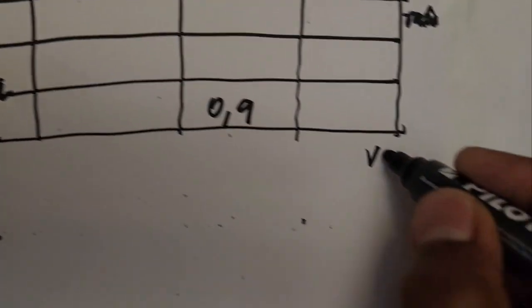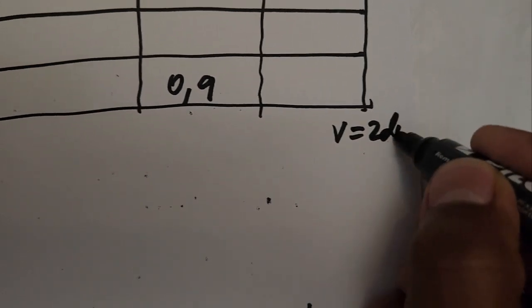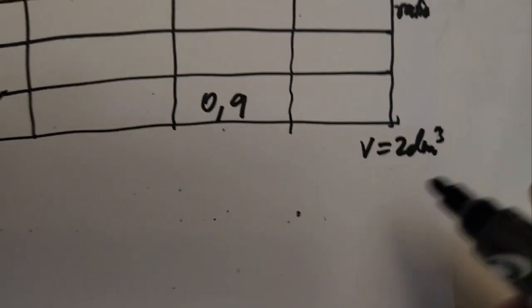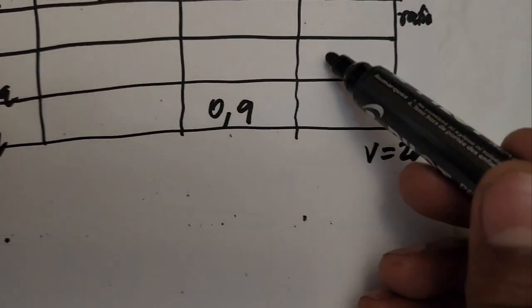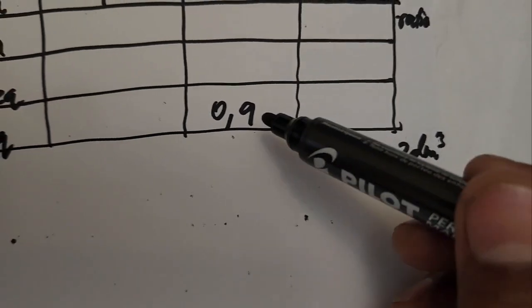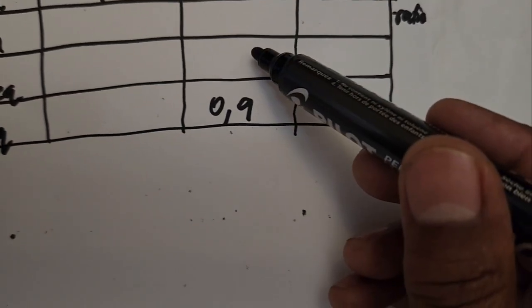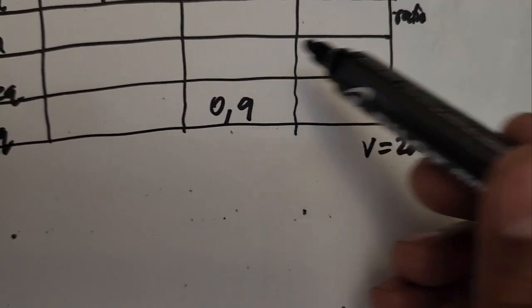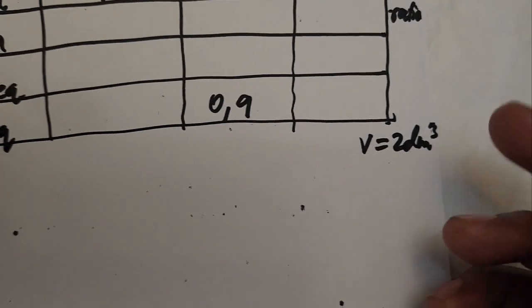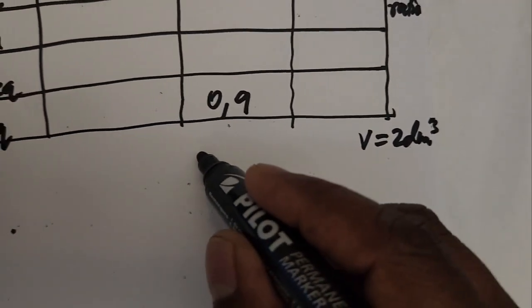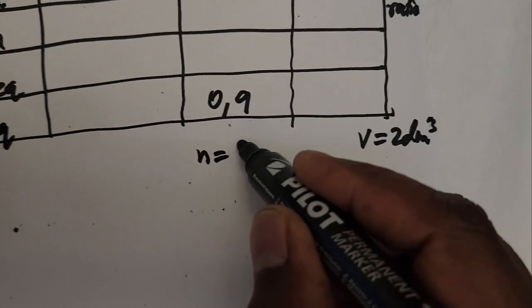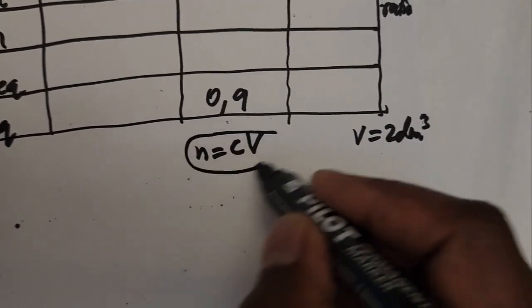Therefore, if the volume equals 2 decimeter cube, which means that from here to here we divide by volume. If you move from concentration to number of moles, we are going to use, remember, the number of moles equals CV. A very important formula.